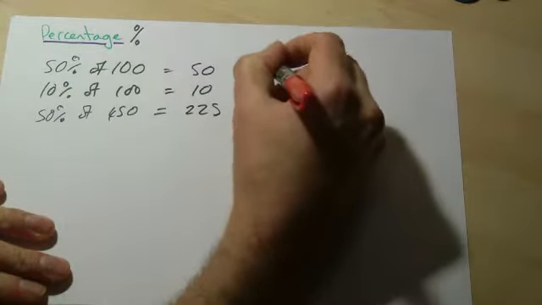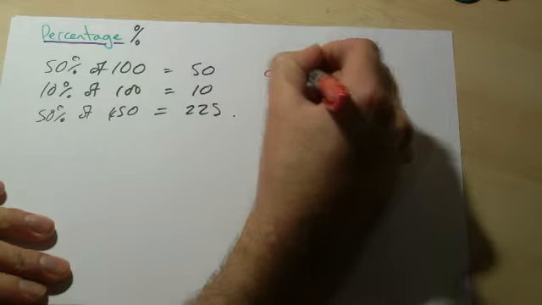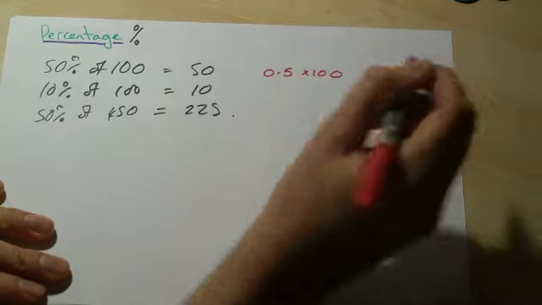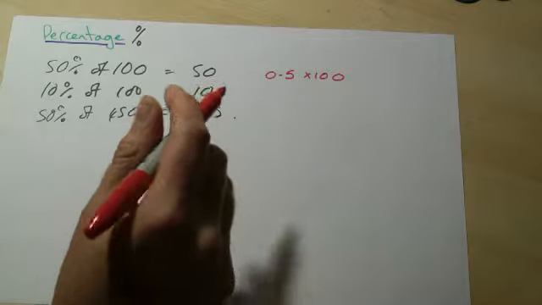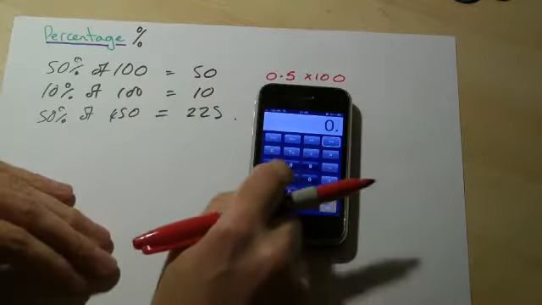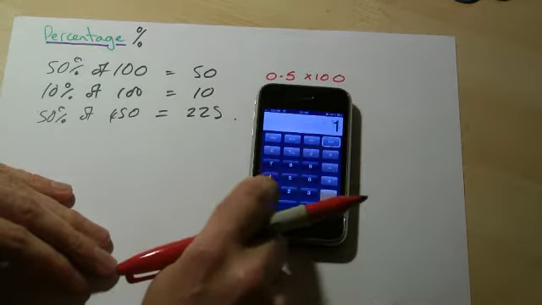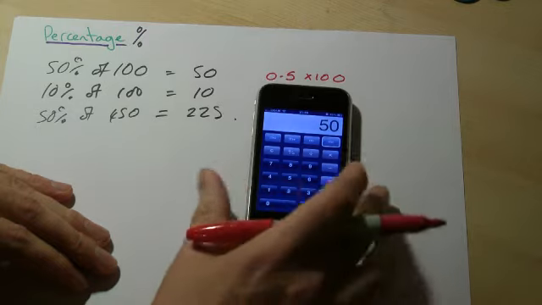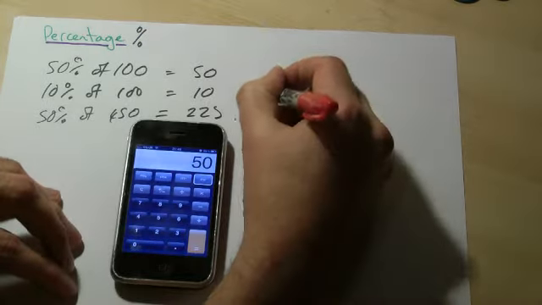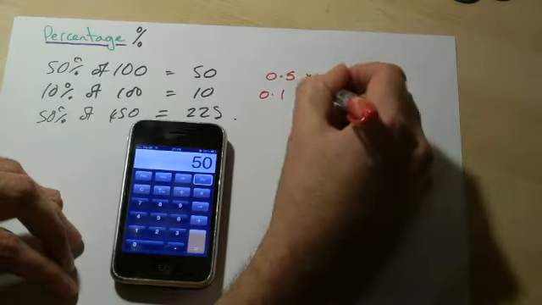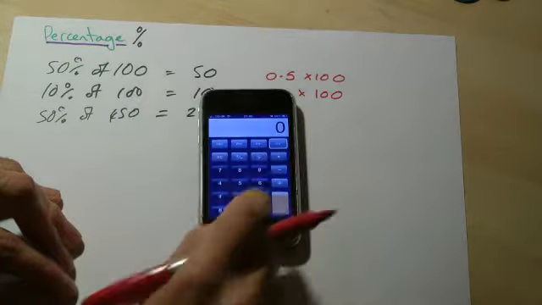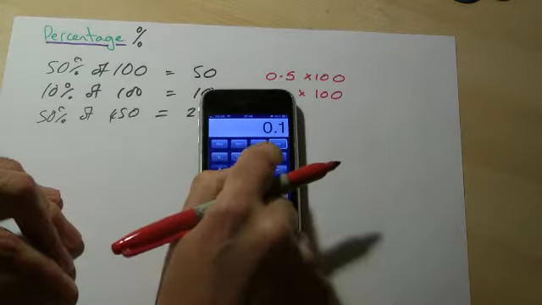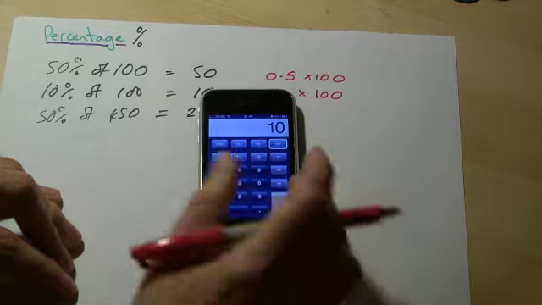50% of 100 is the same as saying 0.5 times 100. Okay, just to prove it, 0.5 times 100 equals 50. Okay, 10% is the same as saying 0.1 times 100. Again, just to prove it, 0.1 times 100 is 10.